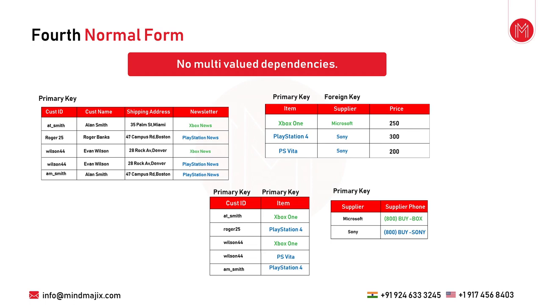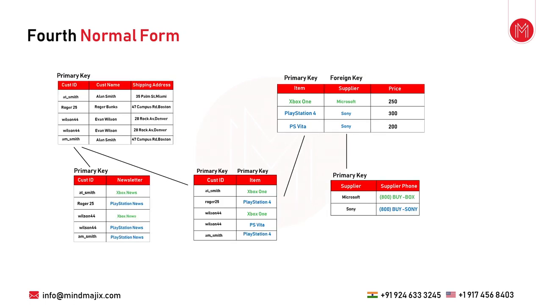By applying the rules of the fourth normal form, which states no multi-value dependencies, we can remove this and control this data redundancy too. How? We have created a different table for the customer, where a single customer name has been updated and all the addresses against that particular customer have been updated against them. So this is a different table for the address of the customer.